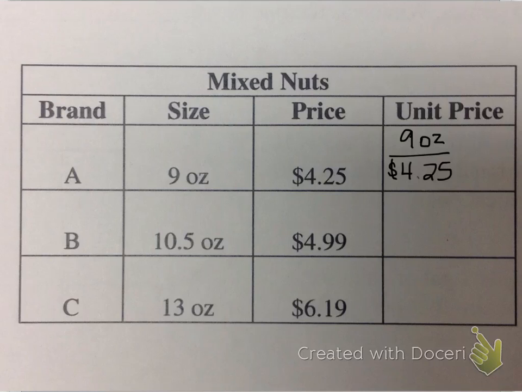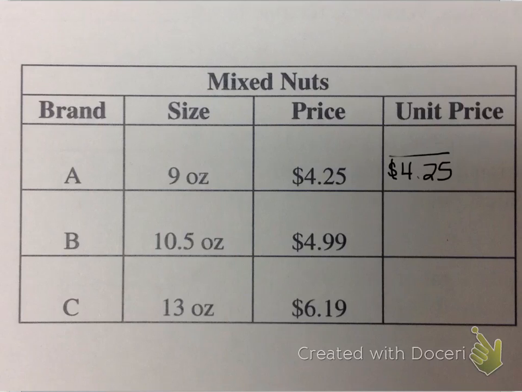So if we set up our price this way, if we do the division, 9 ounces for $4.25, then when we divide, we're actually finding out how many ounces for $1. So we don't typically write unit prices that way. We don't want to know how much it is per dollar. We want to know how much it is per unit or per ounce.